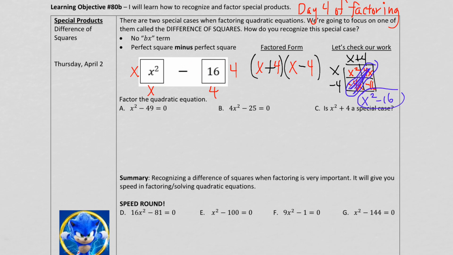It says, factor the quadratic equation, so x squared minus 49. First, notice how there's no b term, it's the a and the c, so I recognize that. Second, I have a minus sign, so far so good. Third, do you see how x squared is a perfect square of x times x? And 49 is a perfect square of 7 times 7.